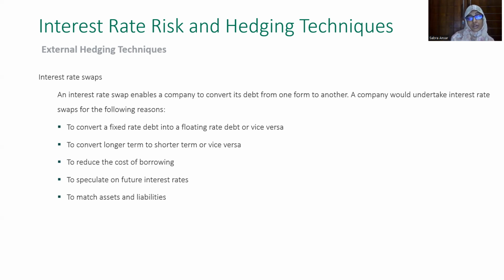It would also help to speculate the future interest rate using interest rate swaps and to match assets and liabilities. So we were talking about how matching assets and liabilities happen. Interest rate swaps could be used in order to match the assets and liabilities of a company.